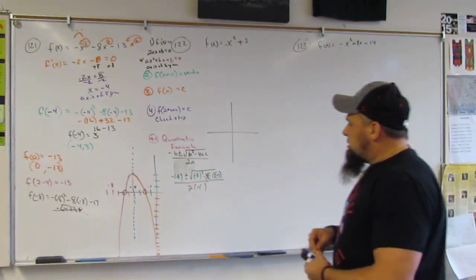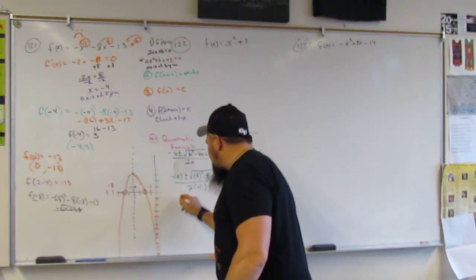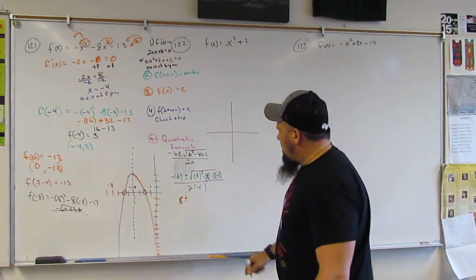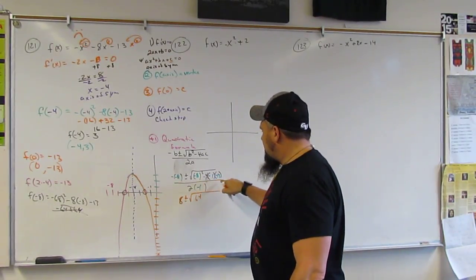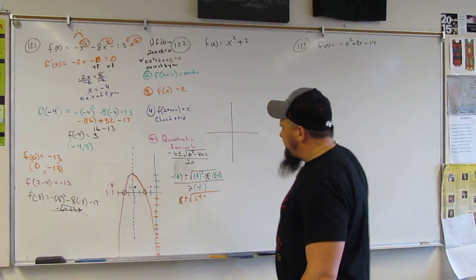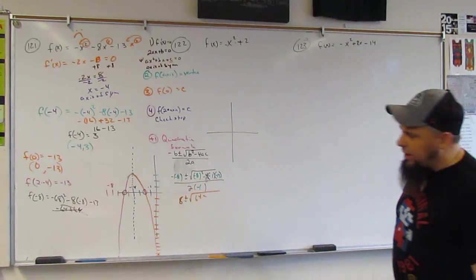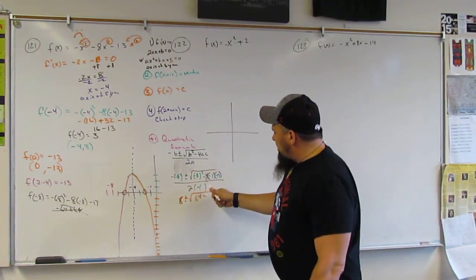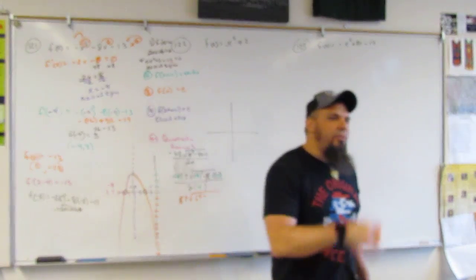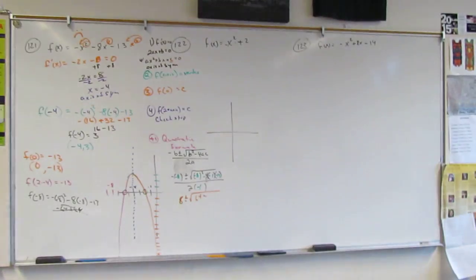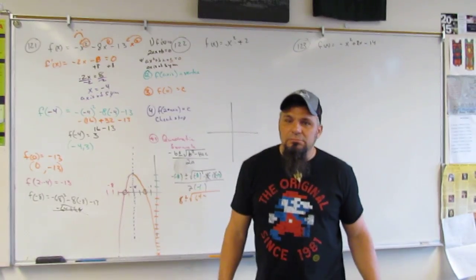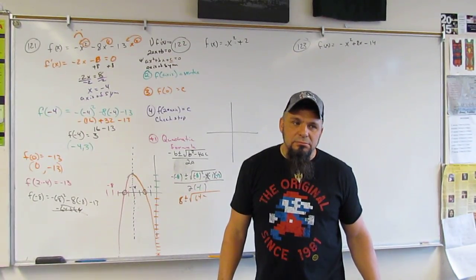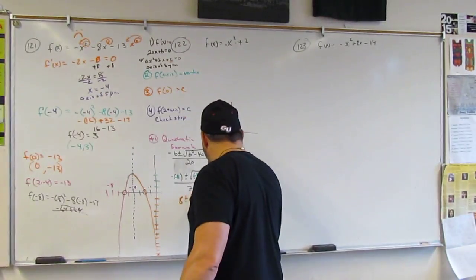Okay? So negative makes a positive. That's 64. And then what's negative? That means minus, right? And what's 4 times 13? That's 40 plus 12, right? 52.